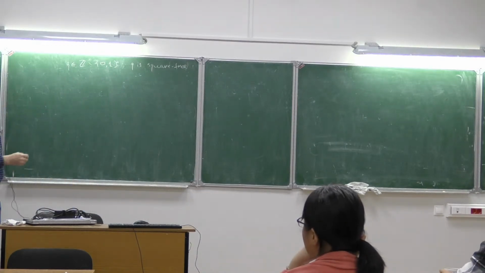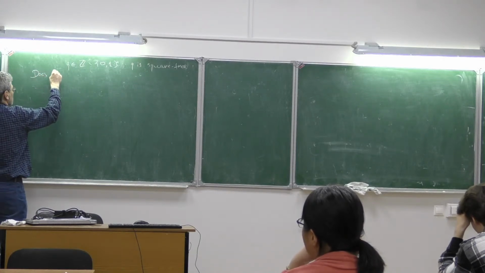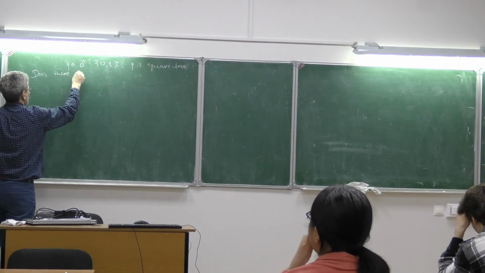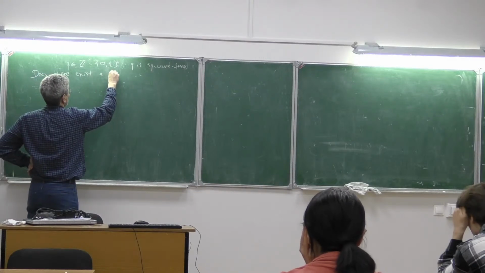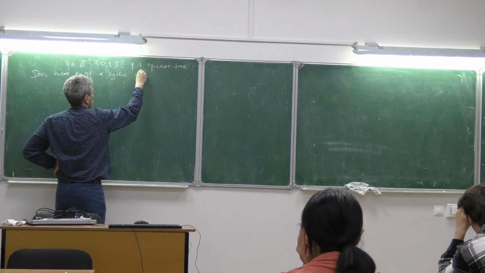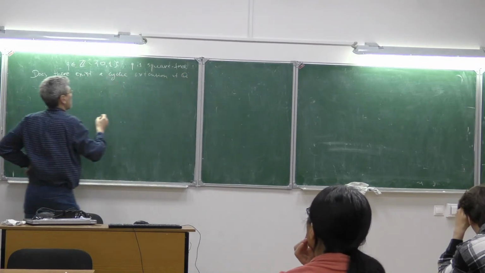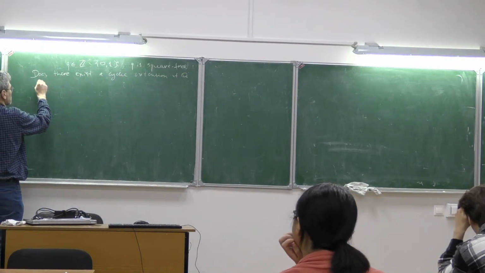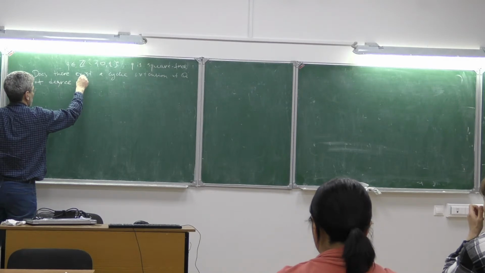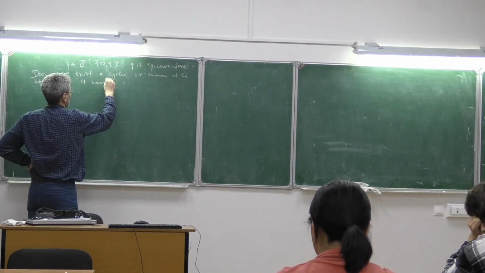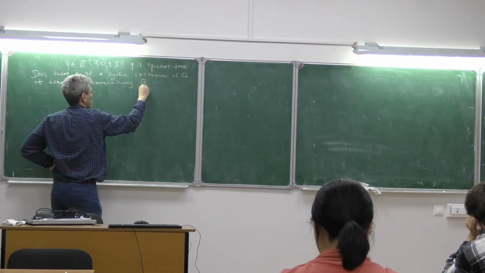And the question is whether there exists a cyclic extension of the rational numbers, a cyclic extension of Q of degree 4, containing the square root of q.